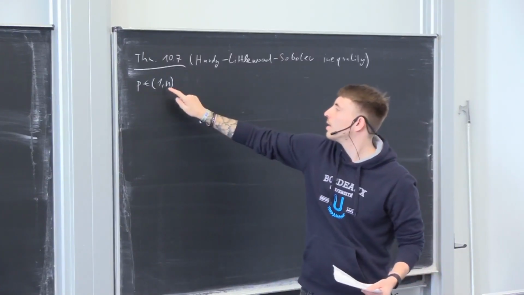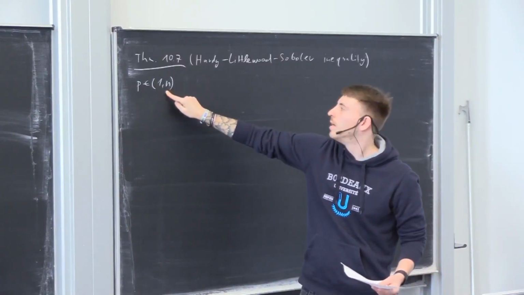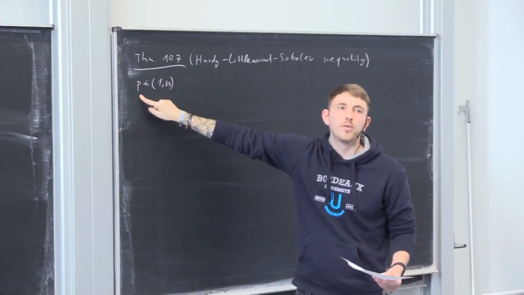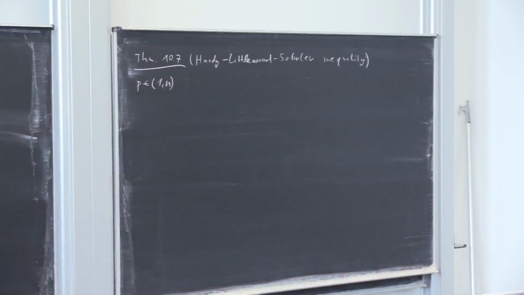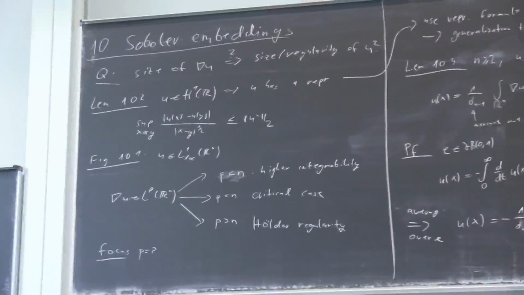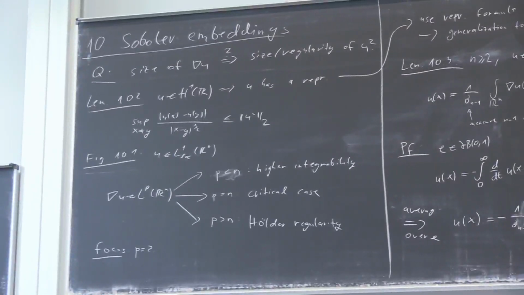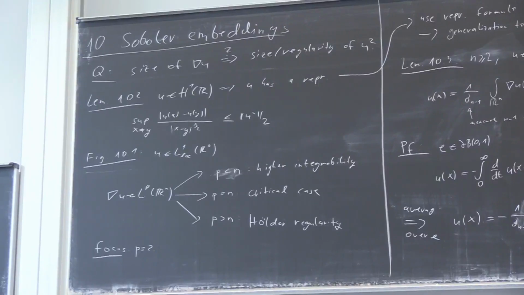And if the dimension is 2, then I just exclude the case p equal to 2, and this reflects the criticality that we wrote up here. I said that in dimension 2, p equal to 2 is just critical, and this is what you see in this formulation of the Hardy-Littlewood-Sobolev inequality.